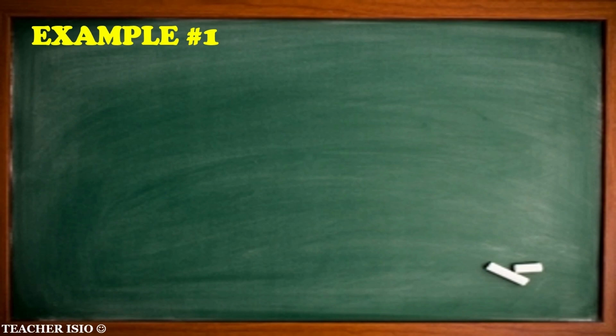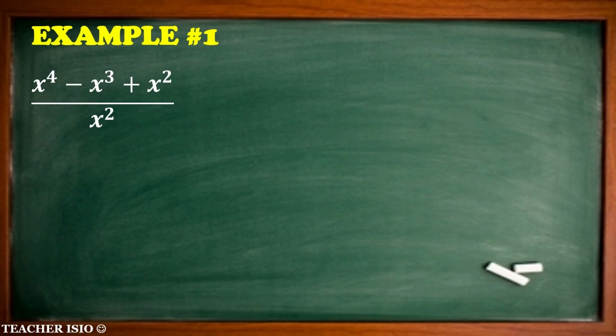So now let's have example number 1. In example number 1, we have x raised to 4 minus x cubed plus x squared over x squared. Okay. So kapag nakita nyo or ang denominator or ang divisor ay monomial lang, so we can apply this kind of solution.